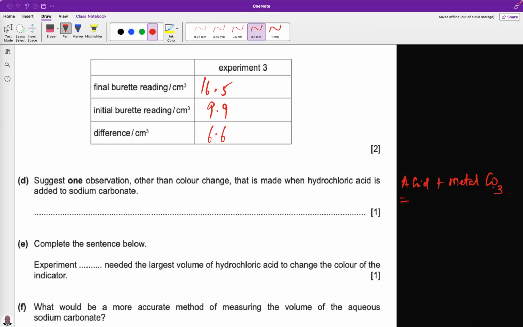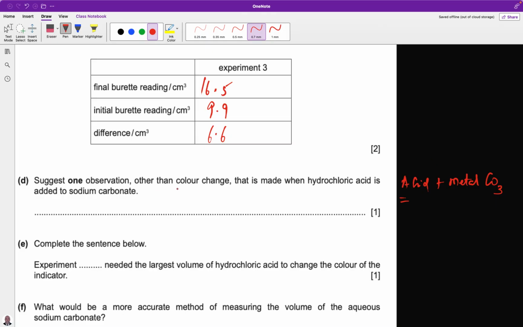Carbon dioxide will be released from the carbonate. When an acid reacts with a carbonate, carbon dioxide is being released. So when a gas is being released, you will observe it from bubbles of gas being produced.